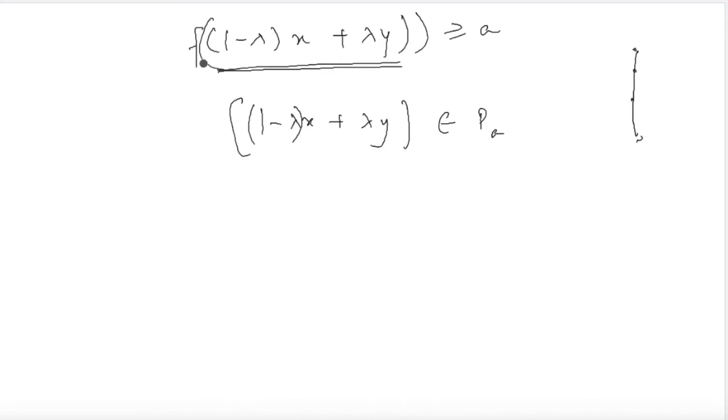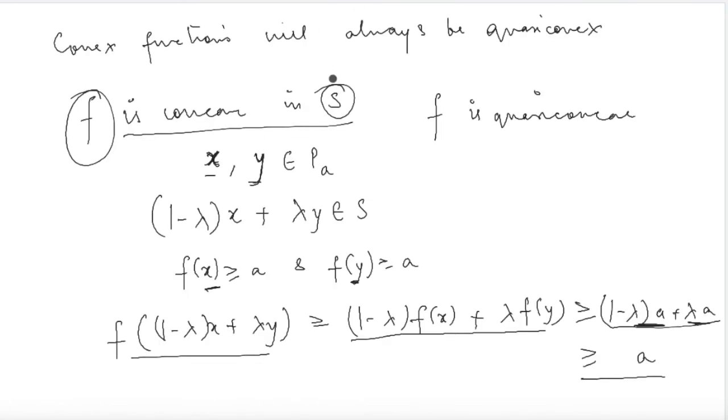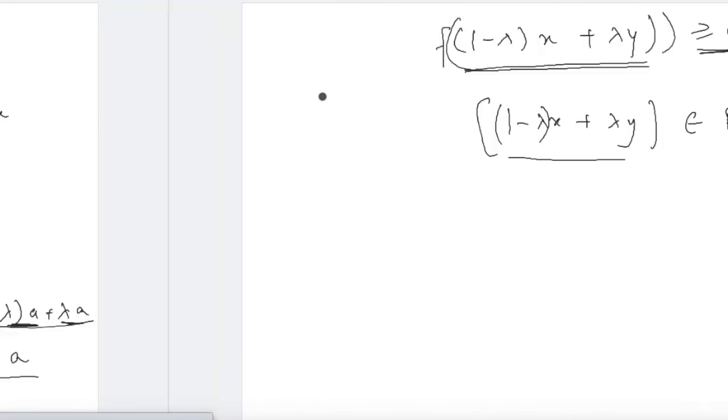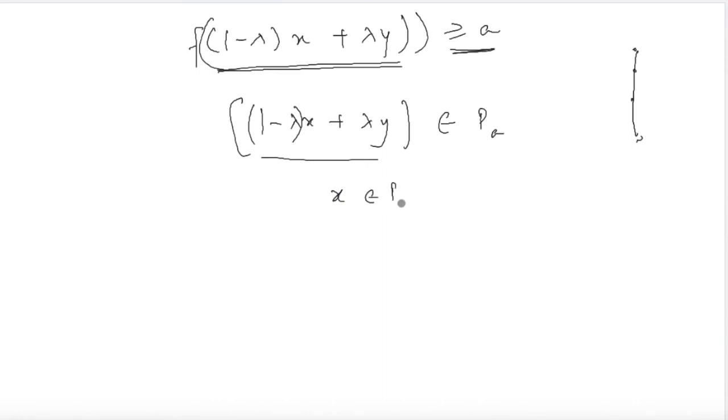Now we have just proved that if f of (1 minus lambda)x plus lambda y is greater than or equal to a, then we can say that this point belongs to set PA, because the condition of the upper level set is that the functional value at that particular point has to be greater than or equal to a. And we had just assumed initially that x belongs to PA and y belongs to PA.